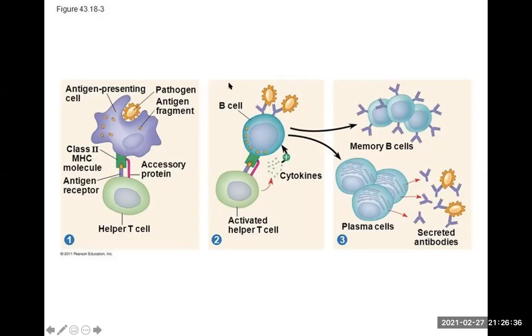The antigen presenting cell, or the APC, this is the purple structure here, is going to be able to digest the bacteria and present the fragments to a memory cell. So it presents the fragments to the memory cell, and then initiates more antibodies to be produced.